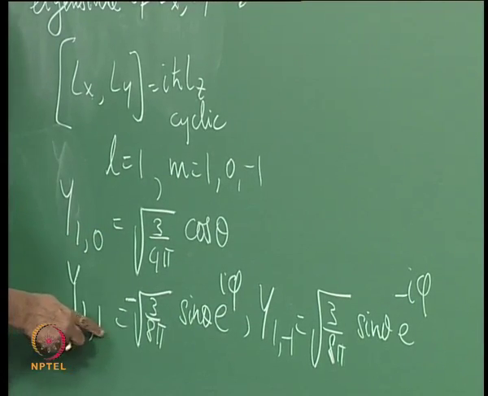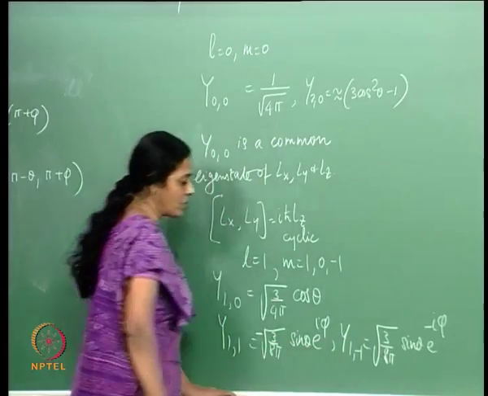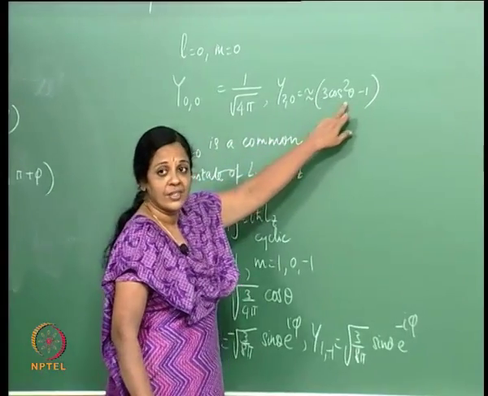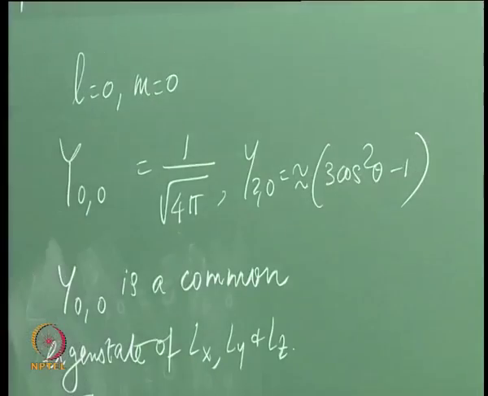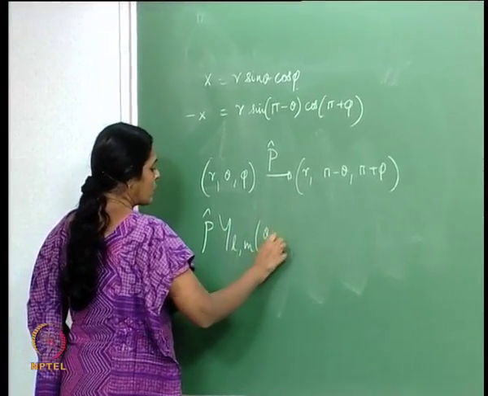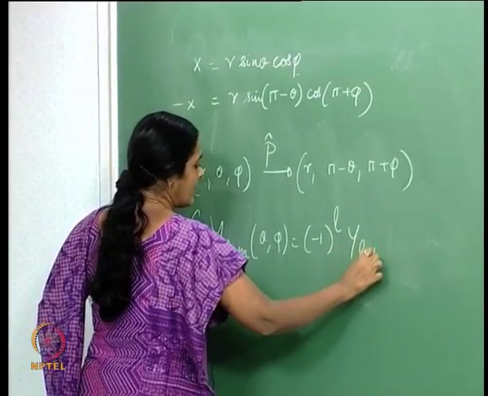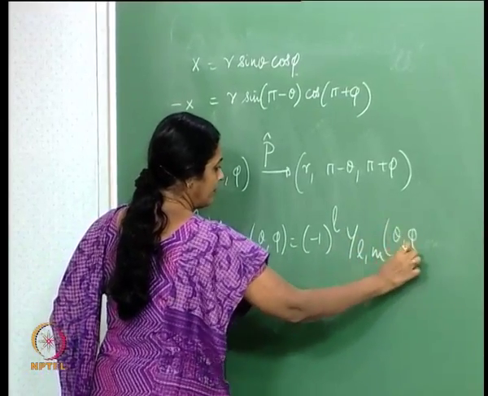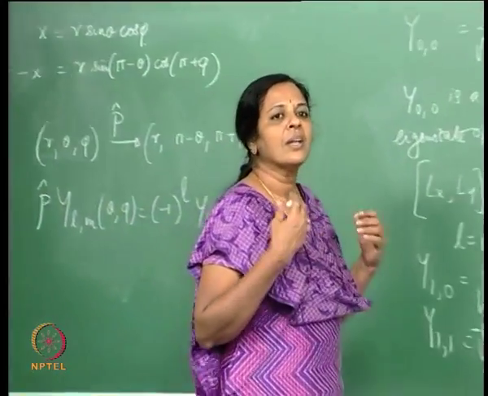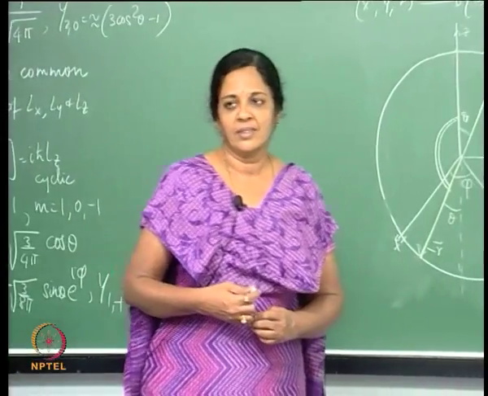Similarly, Y11 changes to minus of itself, and Y1 minus 1 also does, whereas Y20 does not change. So, the parity of YLM of theta phi, by inspection I have written it, is minus 1 to the L, and it is an eigenstate of parity. So, these angular wave functions have definite parity, and it is given by minus 1 to the L.